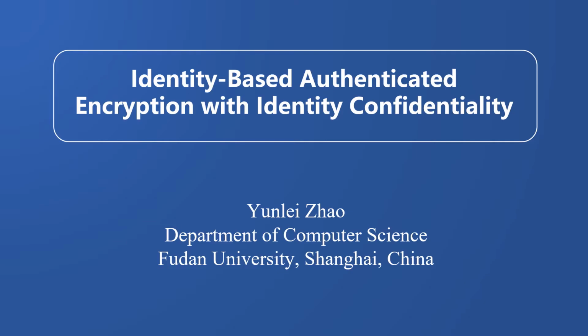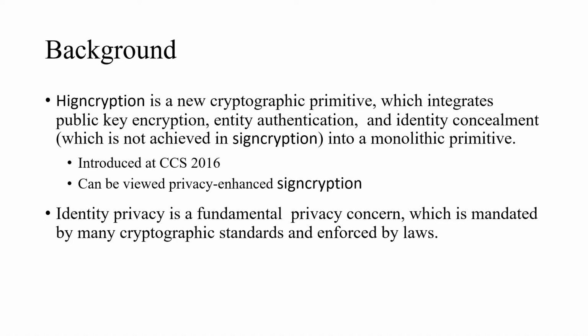I'm going to talk about identity-based authenticated encryption with identity confidentiality. HIGH encryption is a new cryptographic primitive introduced at CCS 2016, which integrates public key encryption, entity authentication, and identity concealment into a monolithic primitive.